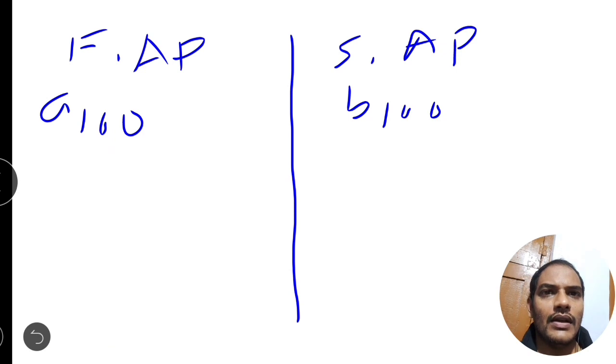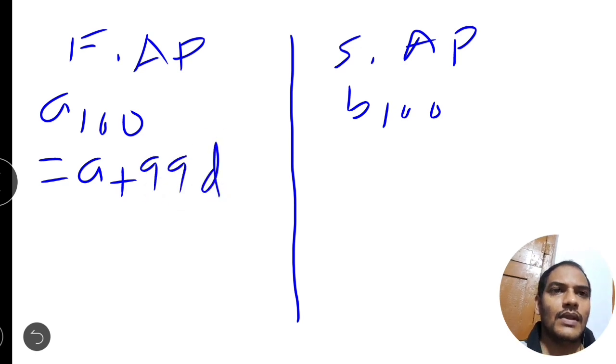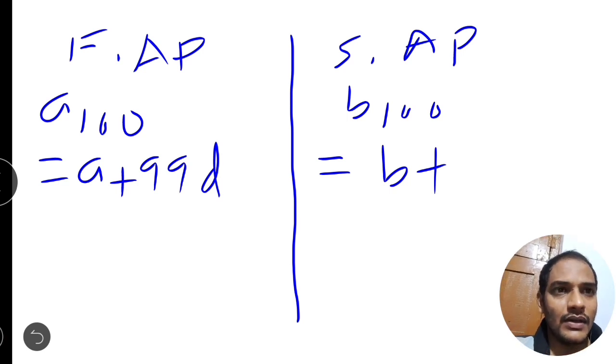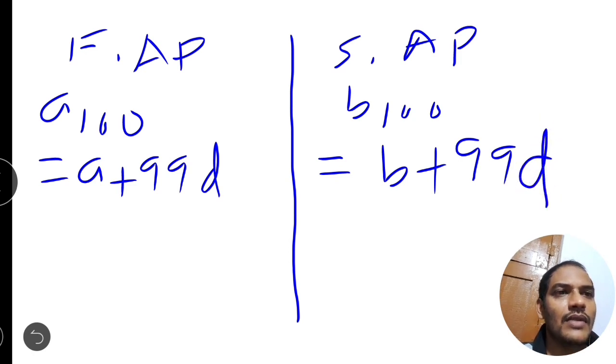So A100 equals A plus 99D, and B100 equals B plus 99D, because it is the second AP. Here the first term is different, but the common difference is the same for both APs, that is why D is in the second place.